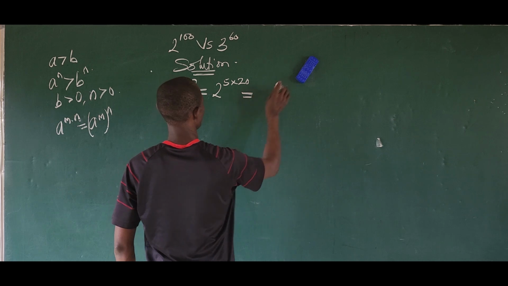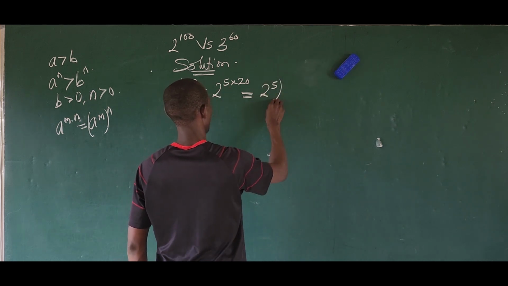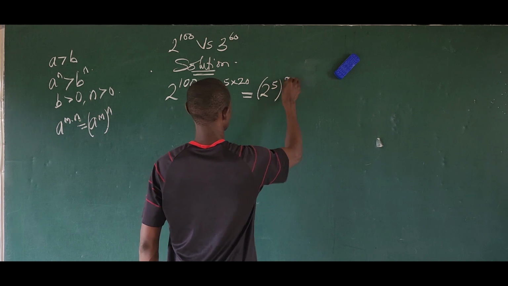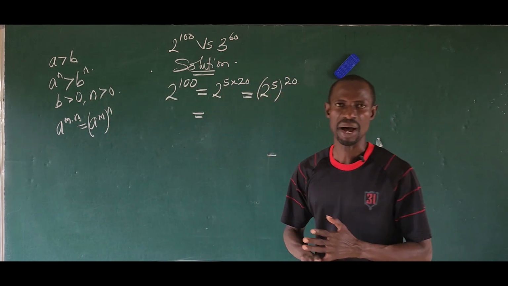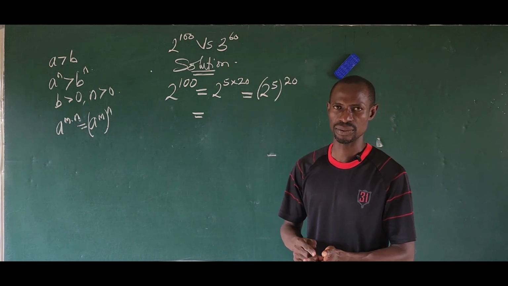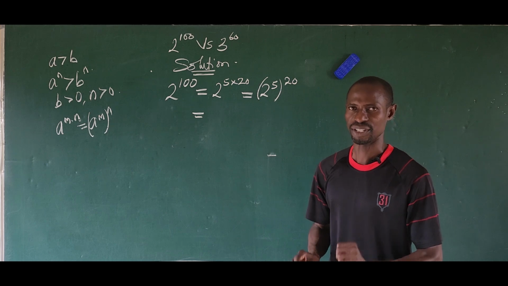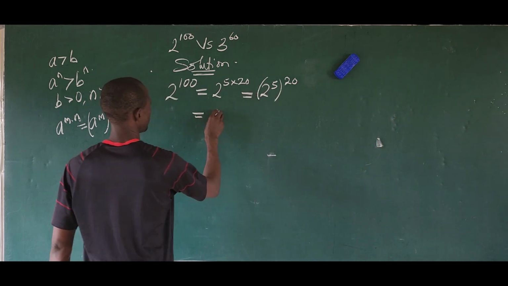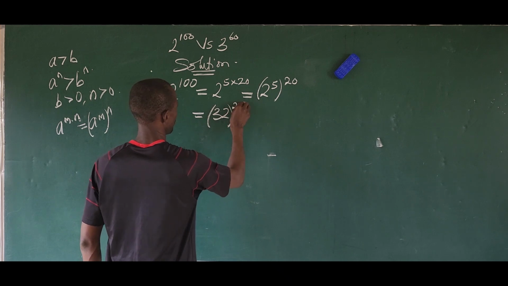And so this could be written as 2 to the power of 5, all raised to the power of 20. What is 2 to the power of 5? It means 2 times 2, which is 4, times 2 is 8, times 2 is 16, times 2 gives us 32. So we have 32 all raised to the power of 20.